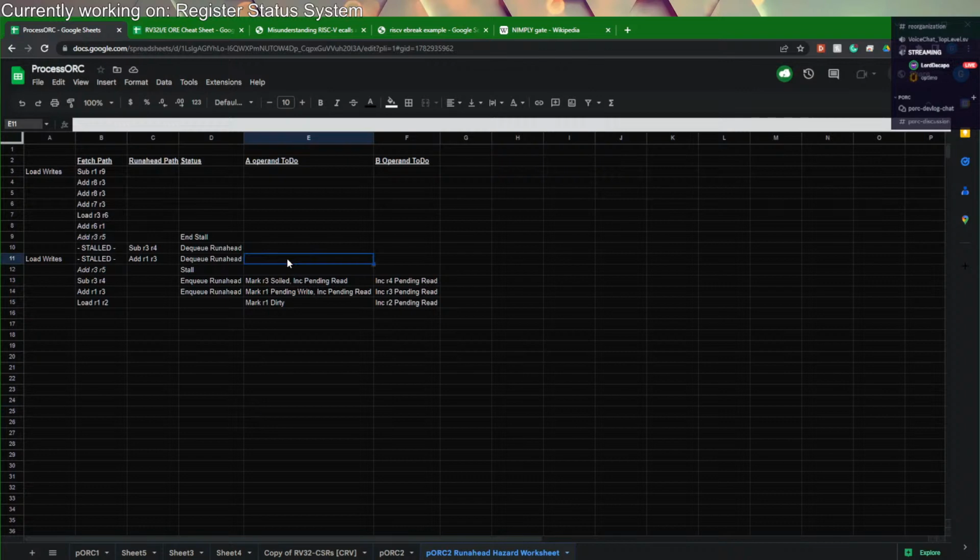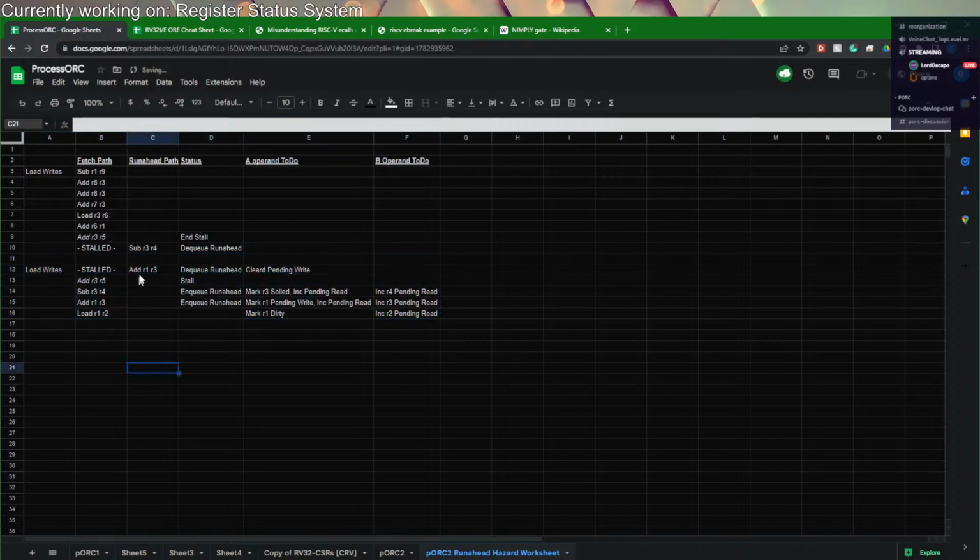And then when this executes, this R1 would... oh wait, no, this needs to go one additional cycle down because that load will need to have written.